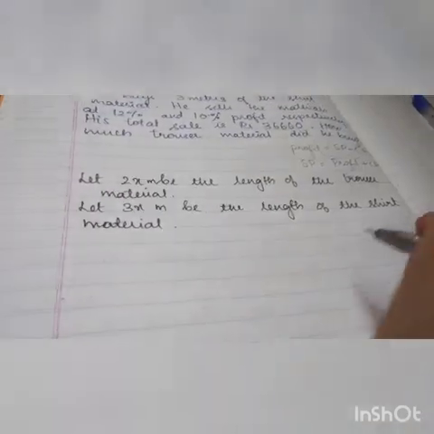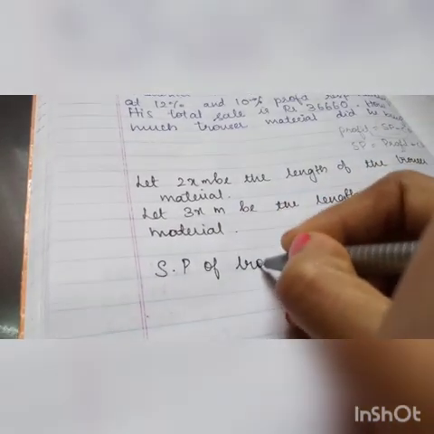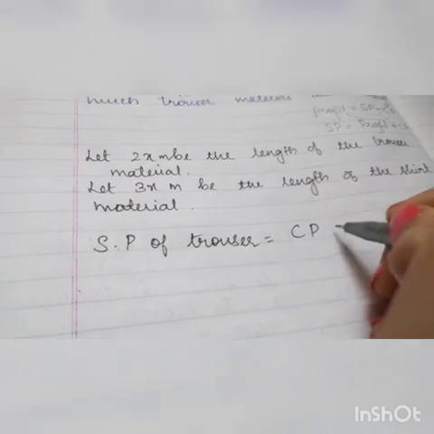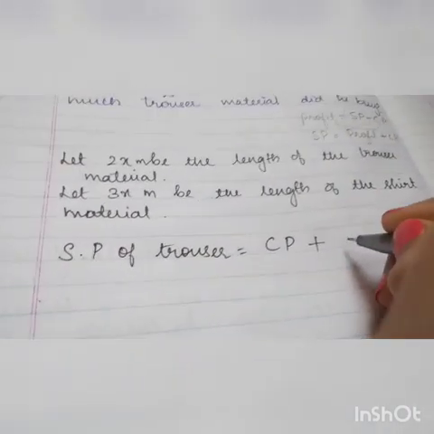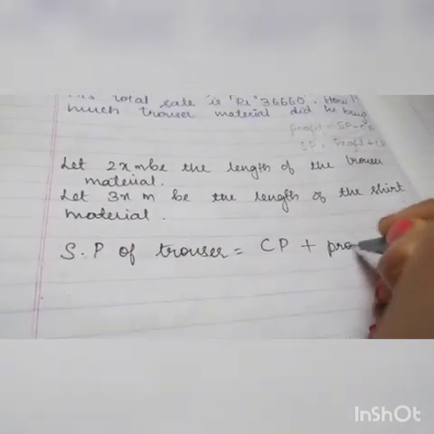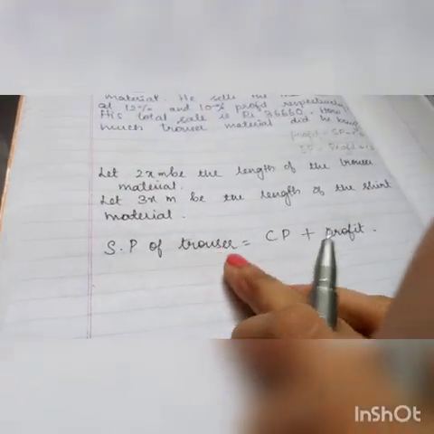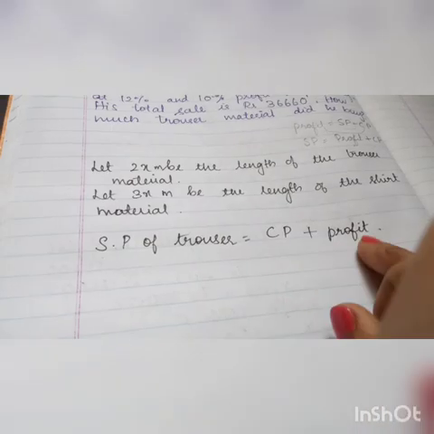From this can we find the selling price of trousers and shirt? Yes, SP of trouser is CP plus profit. The selling price of the trouser is nothing but cost price of a trouser plus profit.